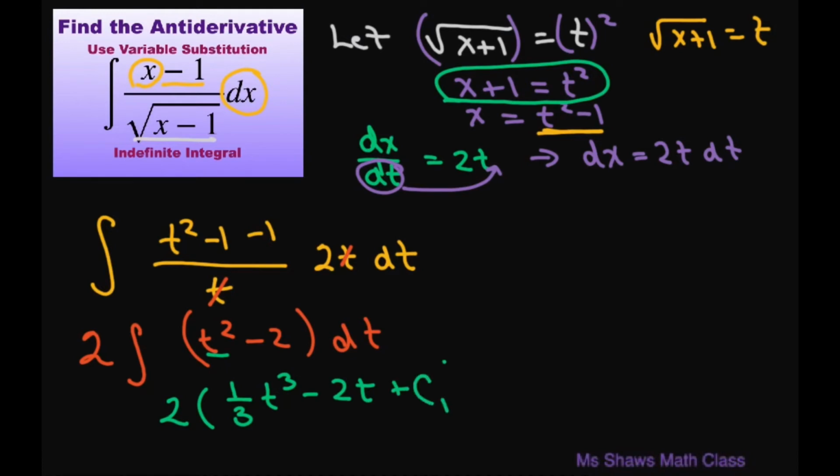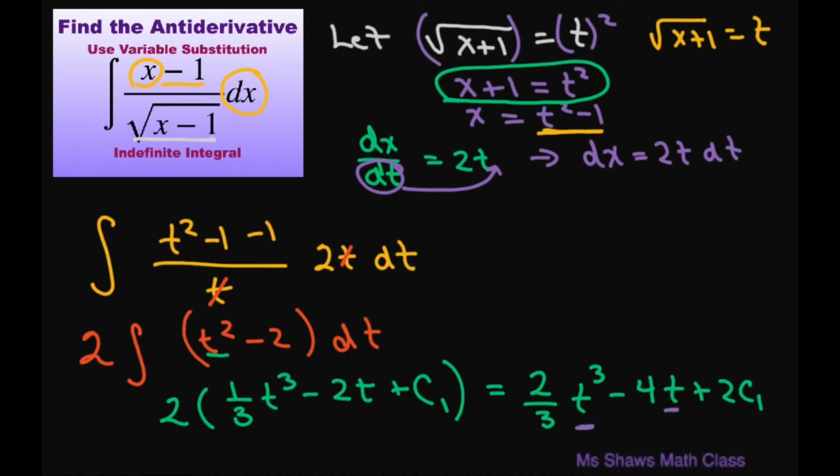Let's call it c1. And when you distribute the 2, you're going to get 2/3 t cubed minus 4t plus 2 c1. Now what I'm going to do next is substitute in for my t's.